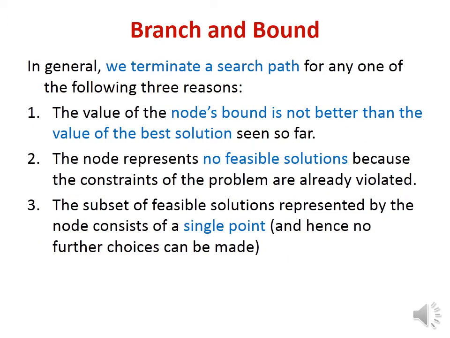In general, we terminate the search path for any one of the following reasons. While constructing the state space tree, we can terminate a node if any one of the following three reasons is met.